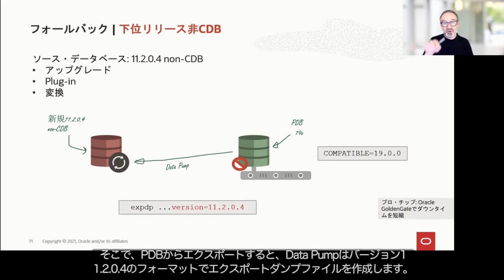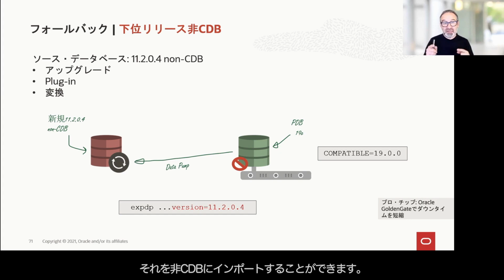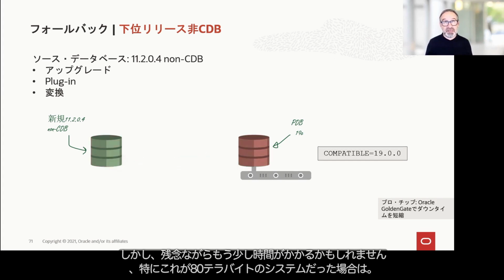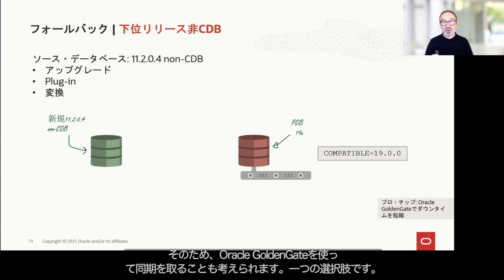So we export from that PDB, and Data Pump will create an export dump file in the 11.2.0.4 format, so we can import it into our non-CDB. And that's it. Straightforward, but unfortunately it may take a little bit longer, especially if this was an 80 terabyte system. So be aware, and then you may use Oracle GoldenGate on top to do the synchronization.